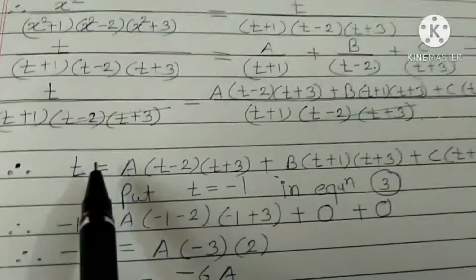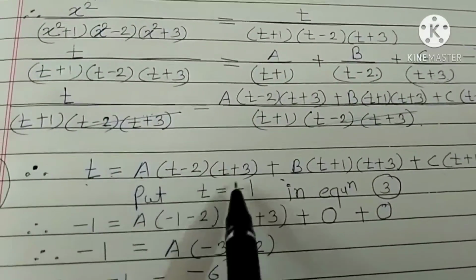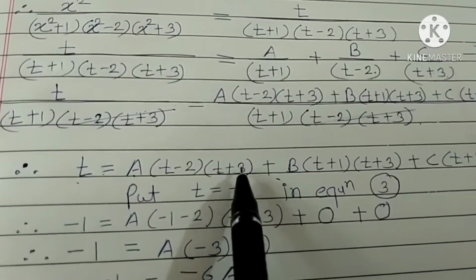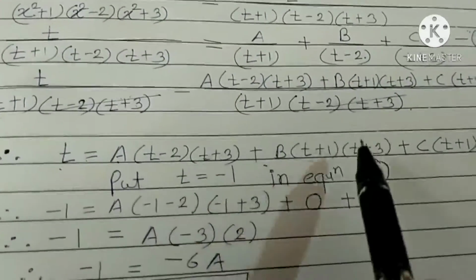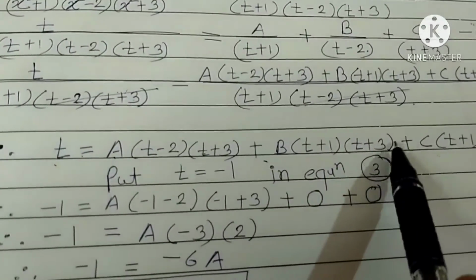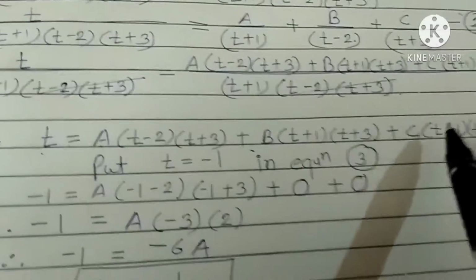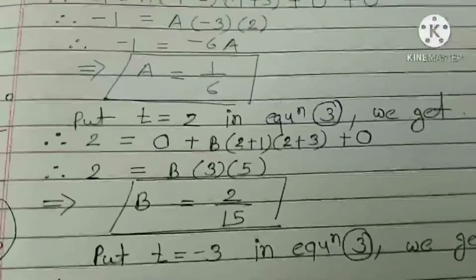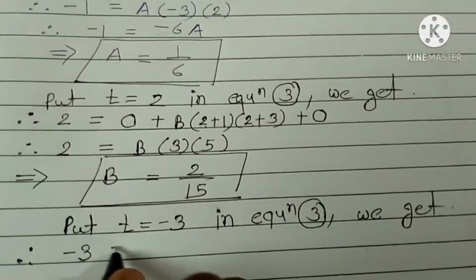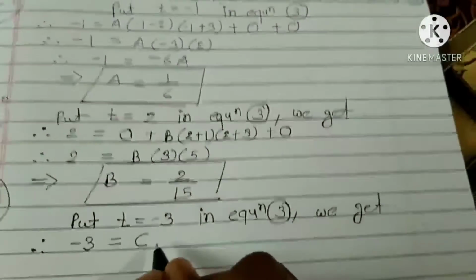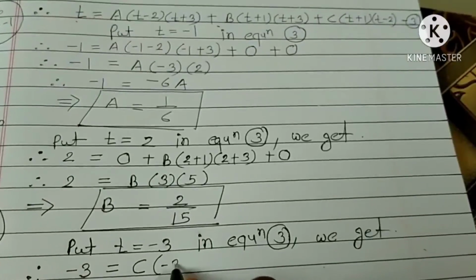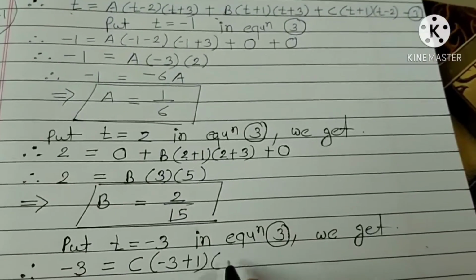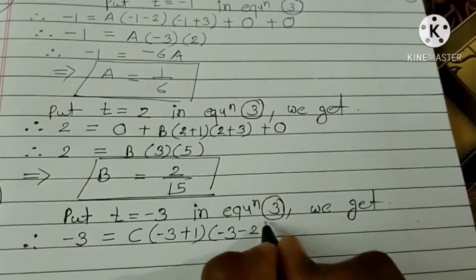So when we put t is equal to minus 3 in this equation, here minus 3 plus 3 gets 0, so this term will become 0. Here also minus 3 plus 3, so this term also becomes 0. So we get only the term of c. That's why minus 3 is equal to c into (minus 3 plus 1)(minus 3 minus 2).